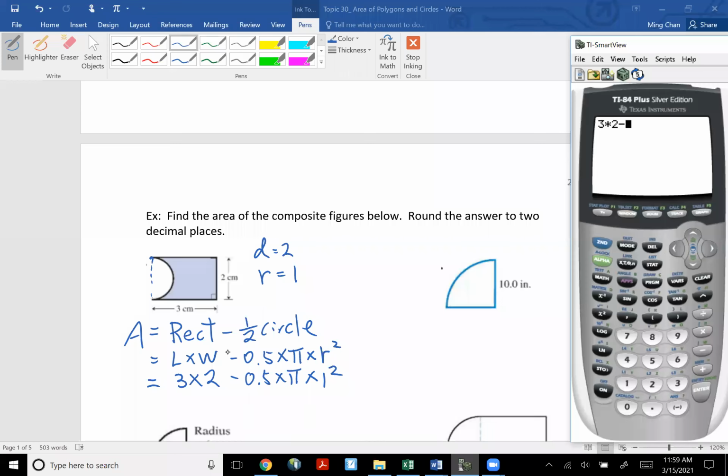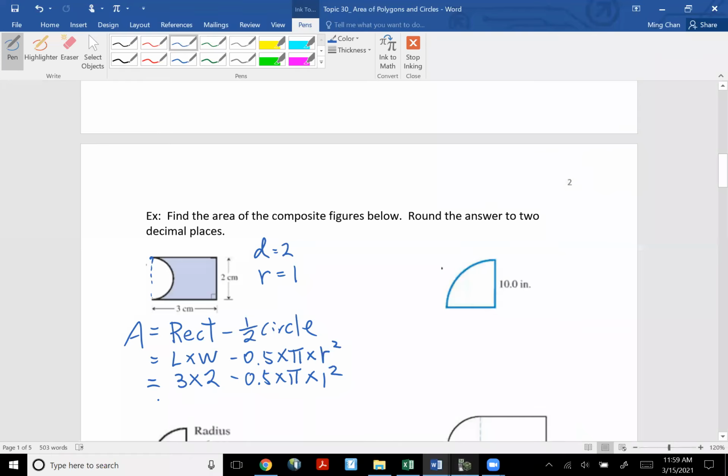Length times width for the rectangle, subtract off half times the pi key times 1 squared, using the caret key to raise to the second power. That will be 4.43. For area, that will be squared units. Remember we talked about doing the conversions. When we talk about area, it's always going to be something squared.